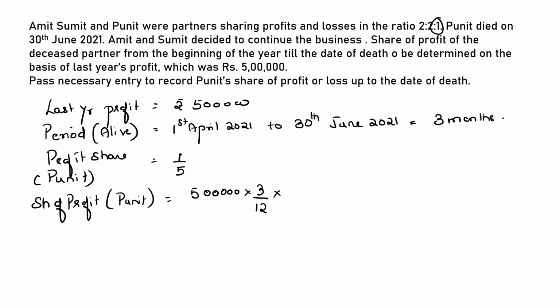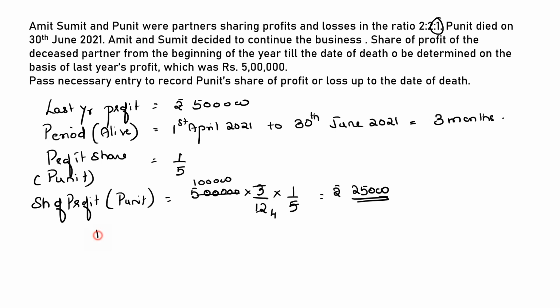That is for all the partners together. But we are supposed to find out what is Punit's share. So we apply this 1/5. So when we do this, we get the amount of share of Punit. That would be rupees 25,000. So this is the share of Punit for the period of 3 months he was alive.